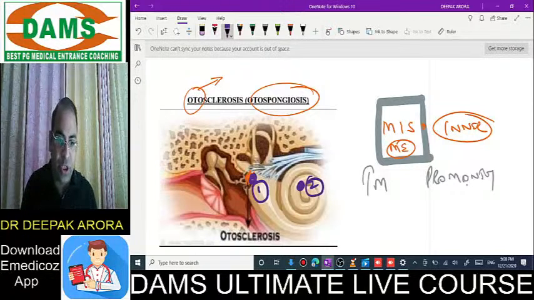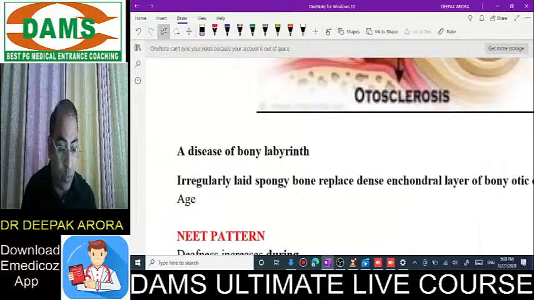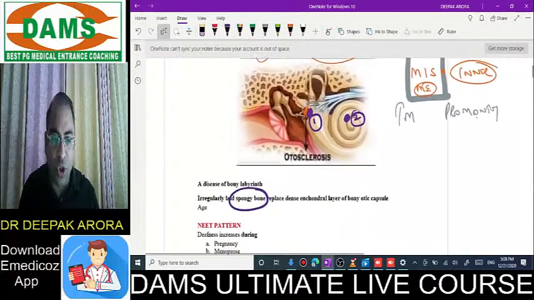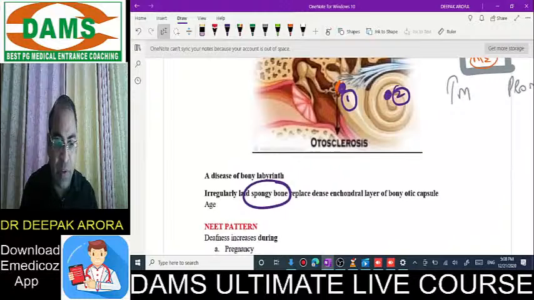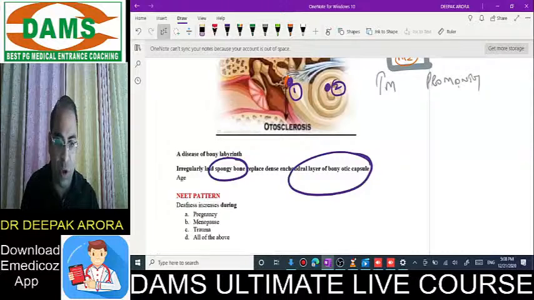What is the definition? Like if you are my third year student and I'm asking you in the Viva, I will be asking you the definition of otosclerosis. Just remember two words. There is a spongy bone. Just make a concept. There is a spongy bone which is replacing the otic capsule. So what is the basic pathophysiology? Because of multiple factors, we'll go into the depth of this segment.